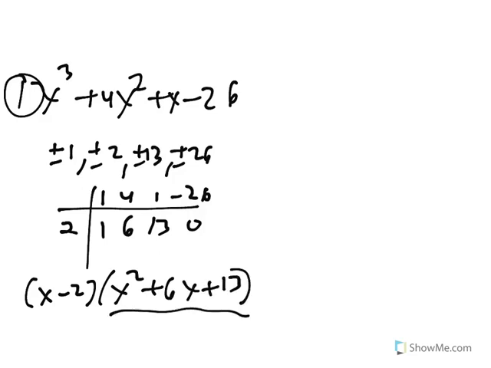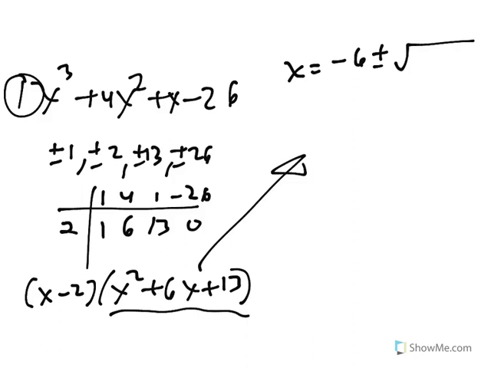Now, though this x squared plus 6x plus 13 isn't something that you could really factor nicely, if we run it through the quadratic formula, x equals negative 6 plus or minus the square root of b squared, which is 36, minus 4ac, which is minus 52, over 2.